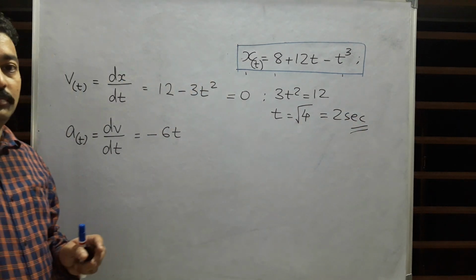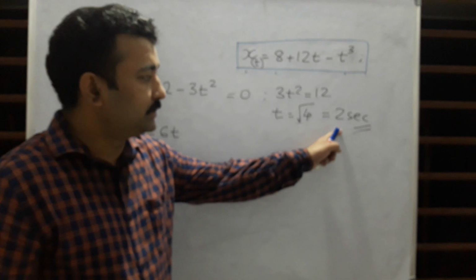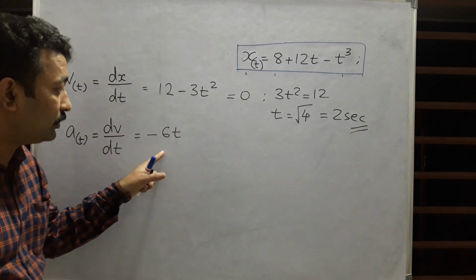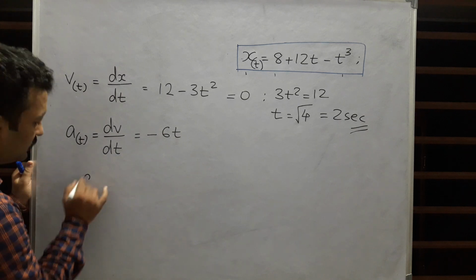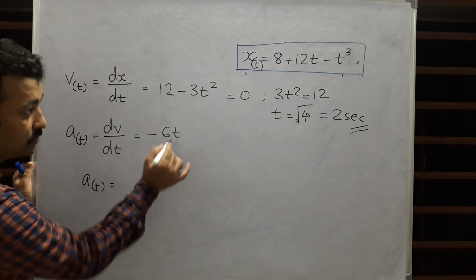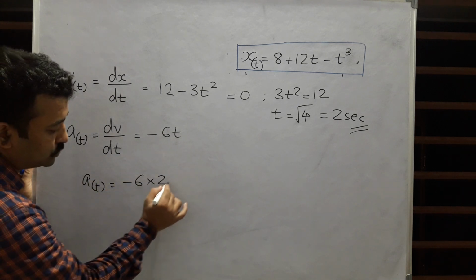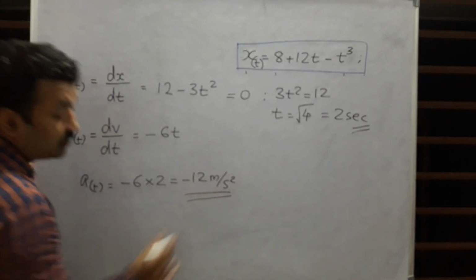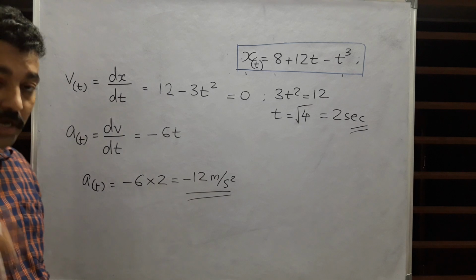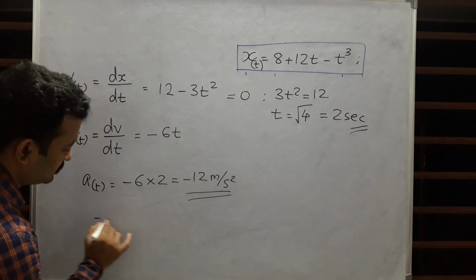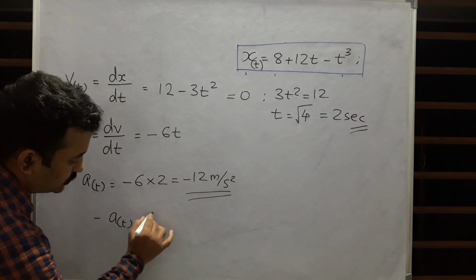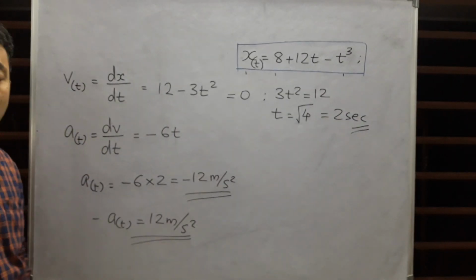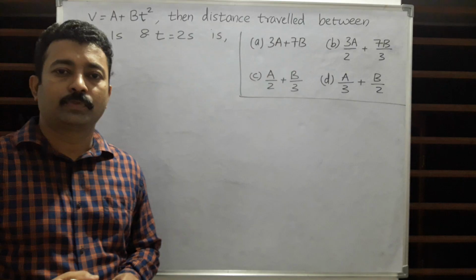That means when the time is 2 seconds, the velocity of the particle is 0. So substitute that here. I get a of t is equal to minus 6 times 2, that is minus 12 meter per second square. Your question is, what is the retardation? So retardation is minus a of t, which is equal to 12 meter per second square. So you got the answer for the question.